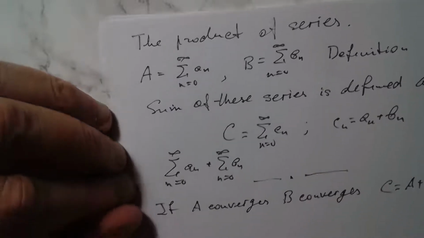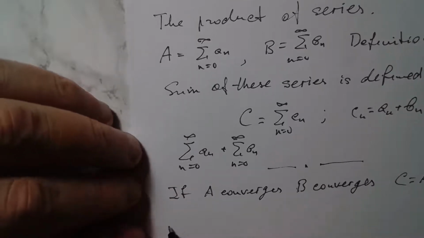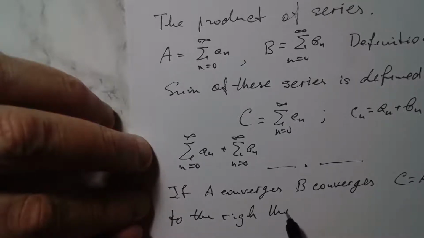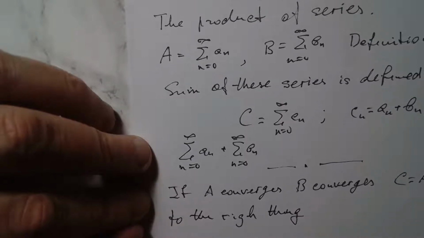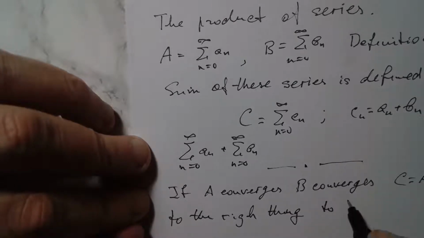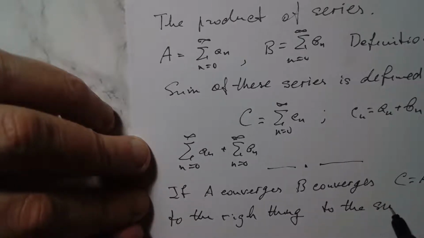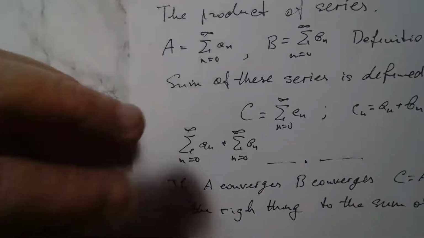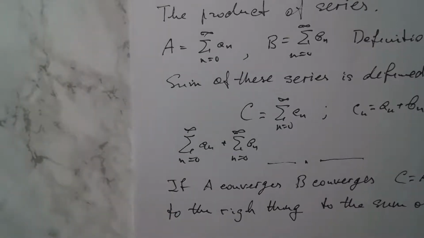And it converges to the right thing. Well, what do I mean by the right thing? By the right thing, I mean it converges to the sum of the series. Good. Now we're all together on it.